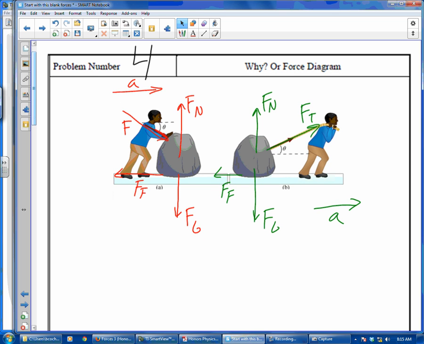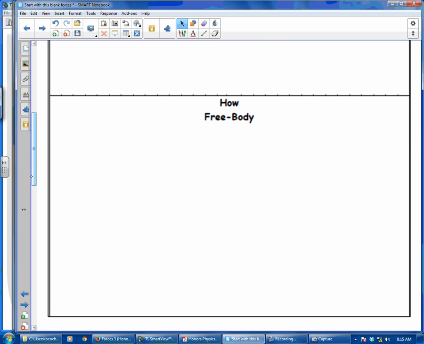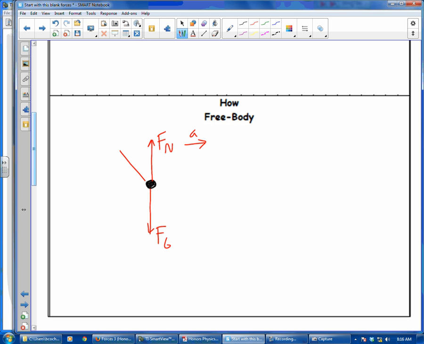So now doing my force diagram for the first part, F sub G, got my big dot, force normal, acceleration, F, and frictional force.